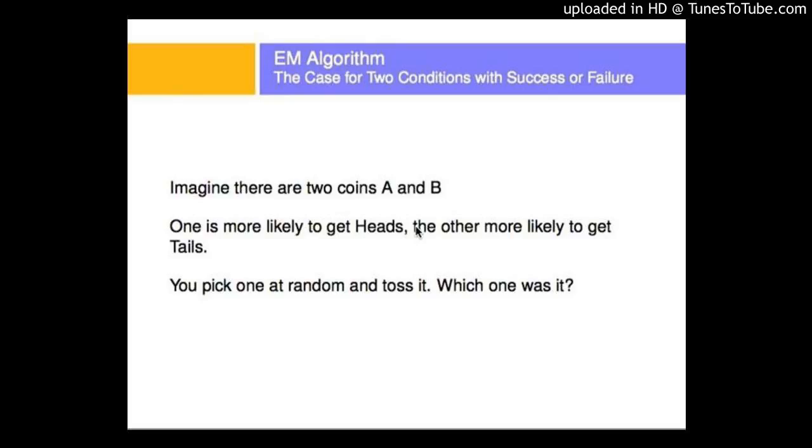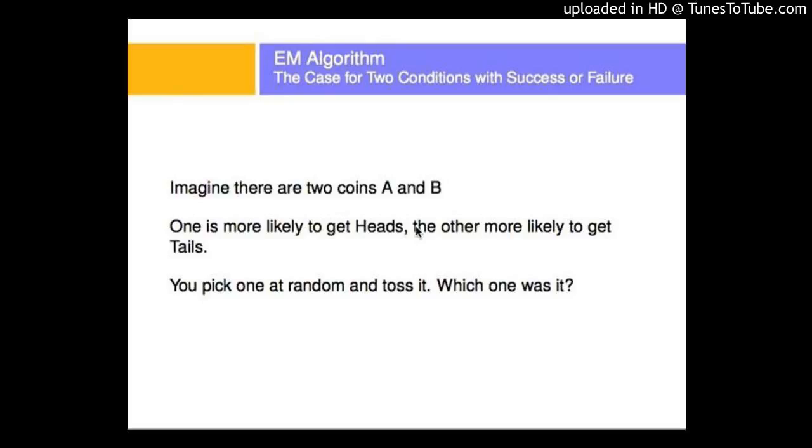Then for the first case, I got 0.45 as my belief that it's from coin A, and 0.55 as my belief that it was from coin B. I got from coin A 2.2 heads and 2.2 tails, and from coin B 2.8 heads and 2.8 tails. Okay, I did this for all 5 tosses, and I got these numbers here.